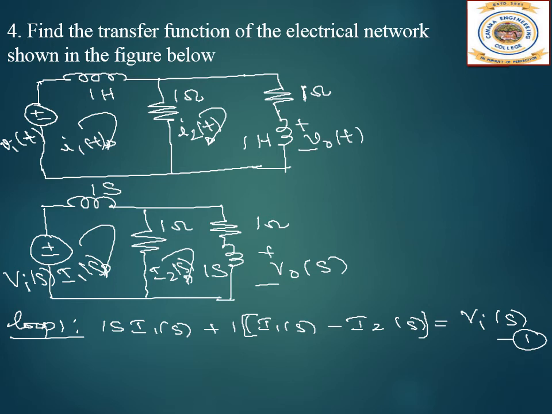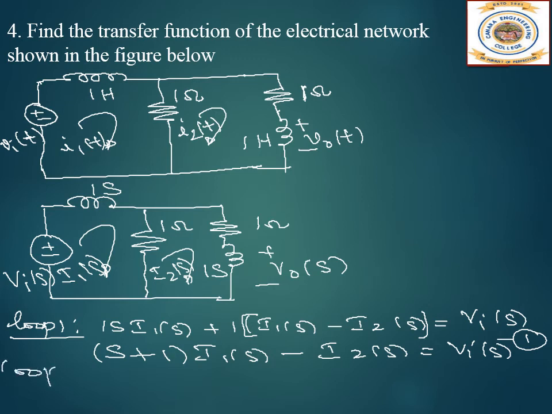If I take I1 of S as the common term, we get S plus 1 into I1 of S minus I2 of S equal to Vi of S. This will be equation 1.